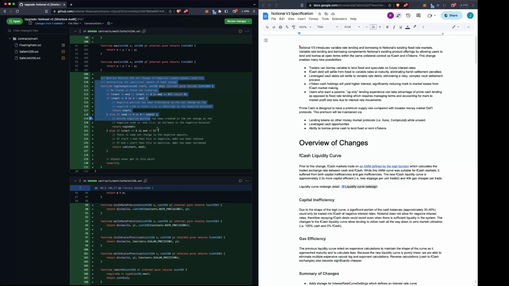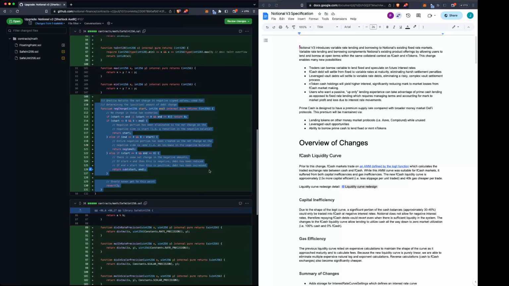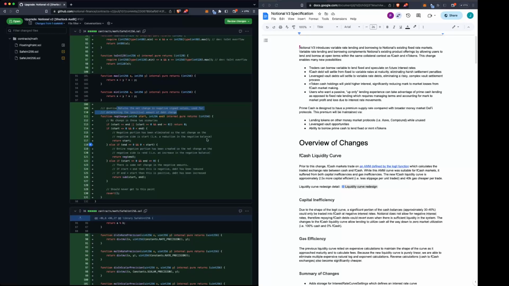The neg change method is something that should be taken a look at. This is what we use to get the negative change on signed values. So this is used in the prime cache code to get the amount of debt change.